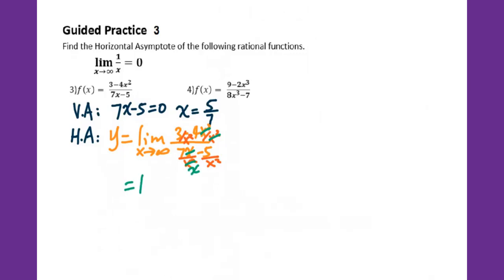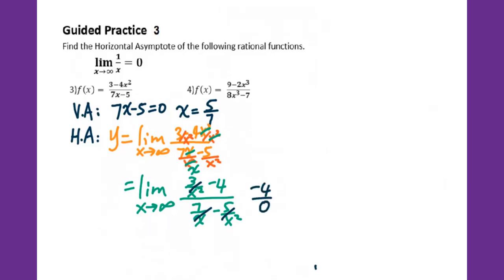You will get the limit as x approaches infinity of 3 over x squared minus 4, over 7 over x minus 5 over x squared. Whenever you see x in a denominator, it goes to 0. So you will get negative 4 over 0. When 0 is the denominator, you will get undefined.